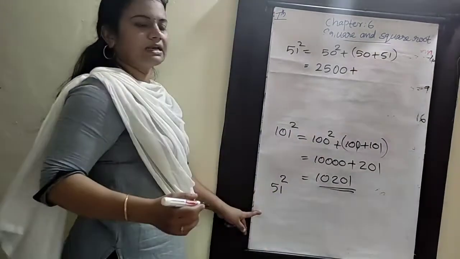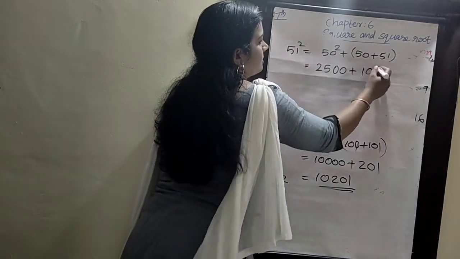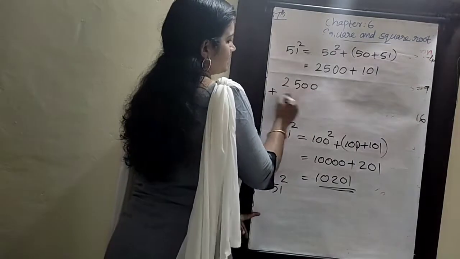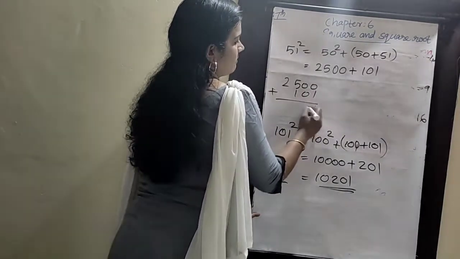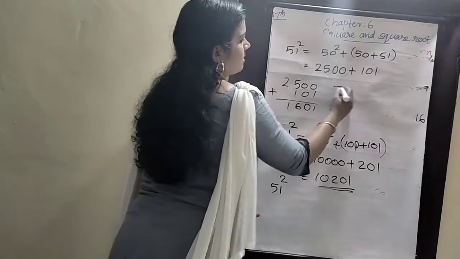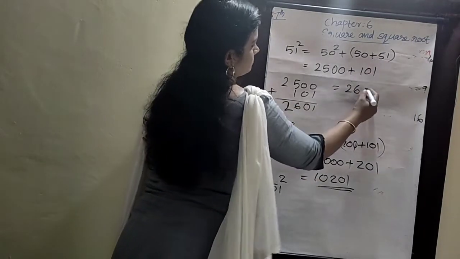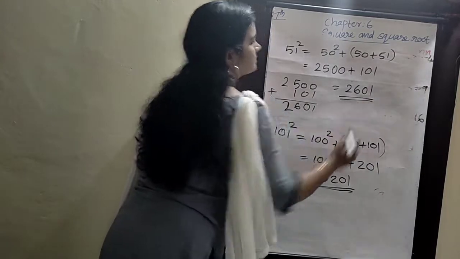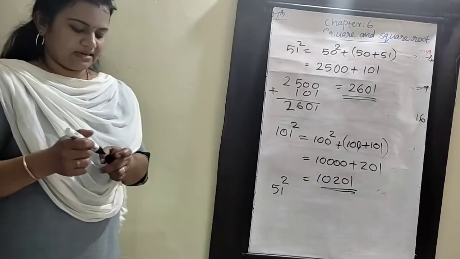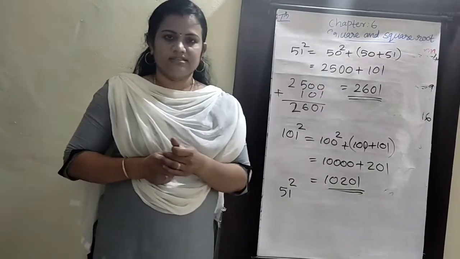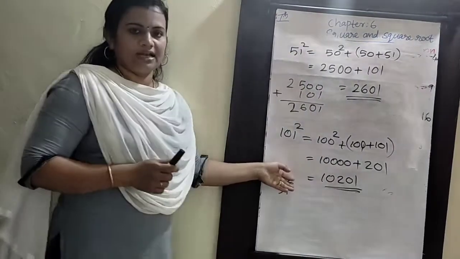Plus 50 plus 51, which is 101. Then what is the answer? 2500 plus 101 is 2601. This way we can find the next squares. The simple questions we can do like that.